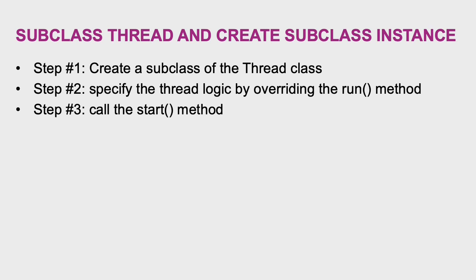We can do better with regards to the possibility to manage and maintain the code if we implement threads with an object-oriented approach. That's what we are going to discuss now.